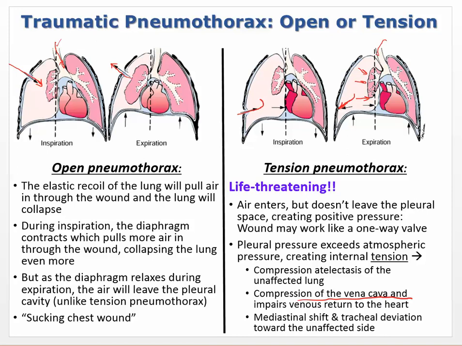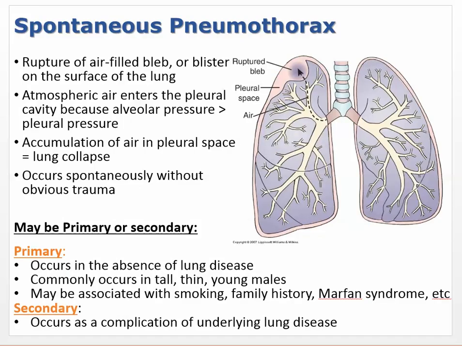It really comes down to what's happening with the air. So spontaneous pneumothorax. Well, for whatever reason, we know why you have air in your alveoli, but for whatever reason, that air forms a blister.